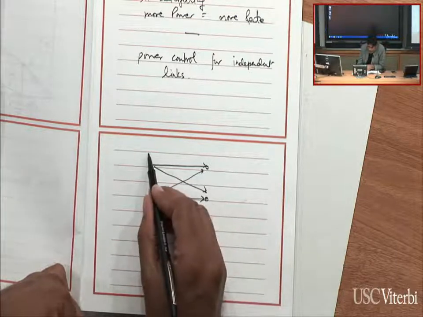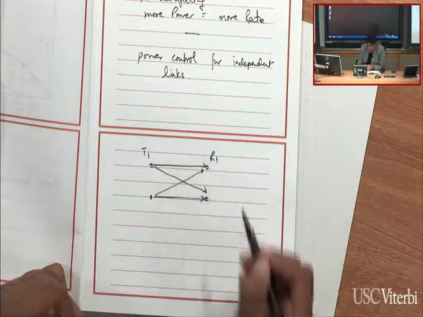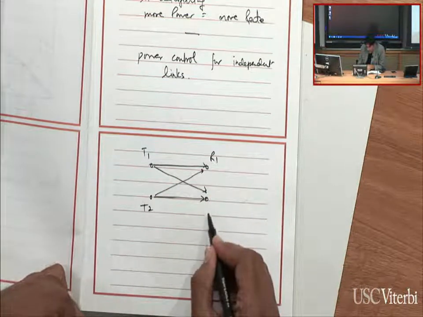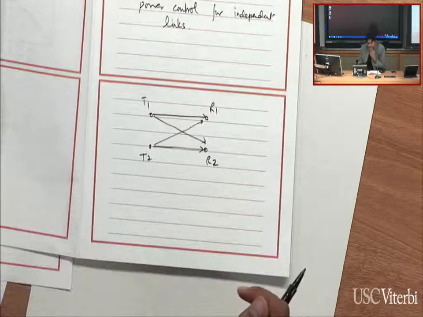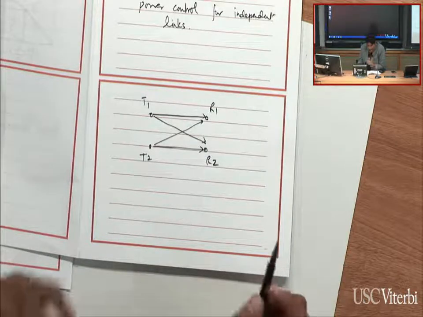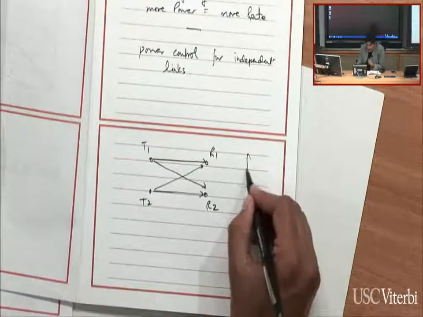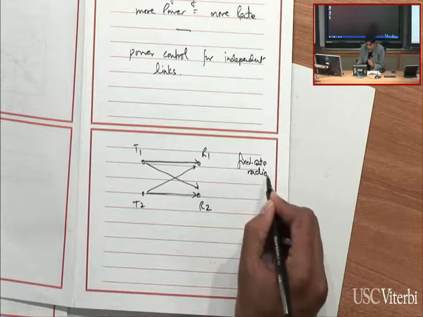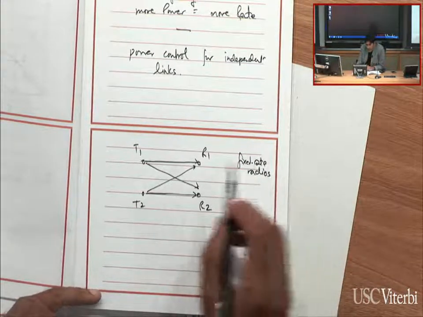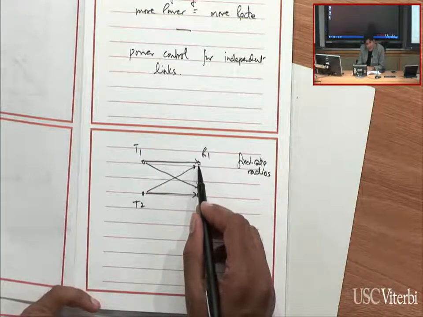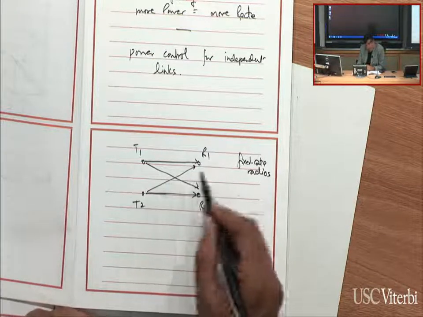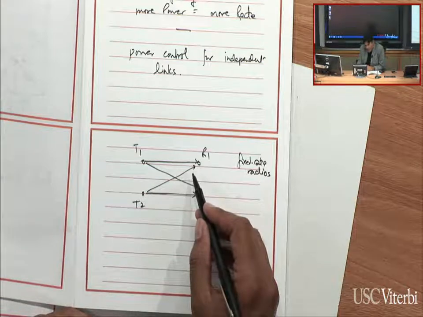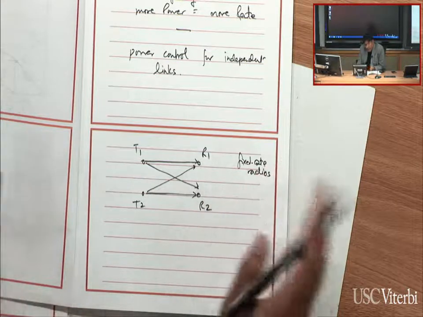You have a transmitter 1 that wants to talk to receiver 1. You have a transmitter 2 that wants to talk to receiver 2. And assume for now that they are fixed rate radios. Now if they're fixed rate radios, what's going to affect their performance normally is just SNR, but now there's an interfering transmitter as well. So there's going to be some interference as well.